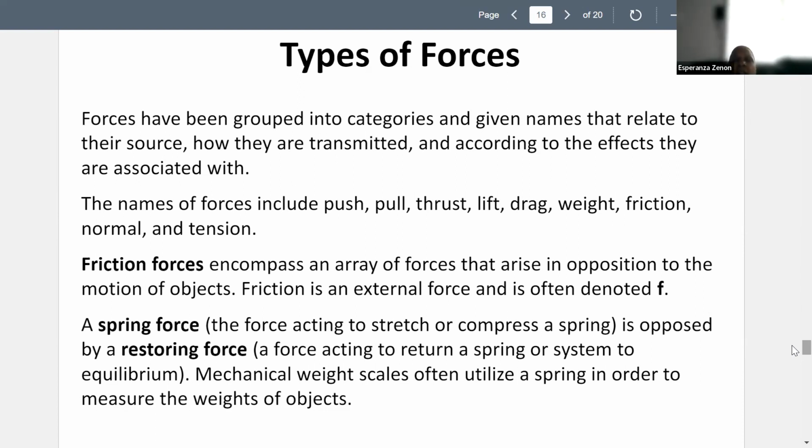Friction is a force between surfaces that we talked about, and the goal of friction is to oppose the motion of the object. Friction is one of those big forces that we deal with, because a lot of times when you're analyzing the motion of an object, it's always present.